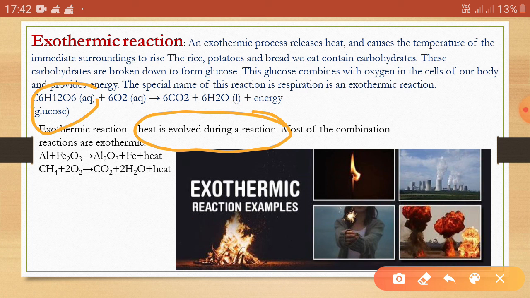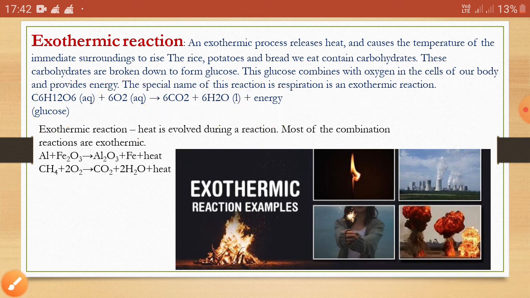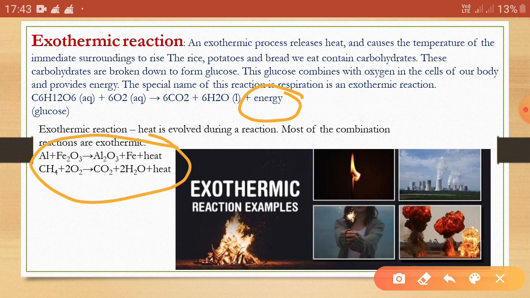When this glucose reacts with oxygen O2, it gives us carbon dioxide CO2 and H2O, that is water, and it releases energy. Got it? So this reaction is known as an exothermic reaction, because heat is released here. So all the examples are there.